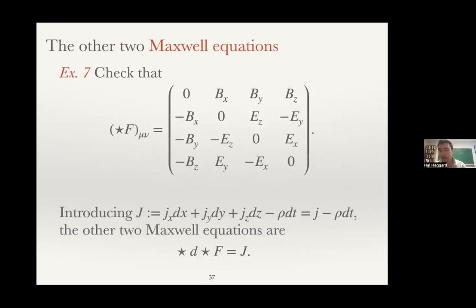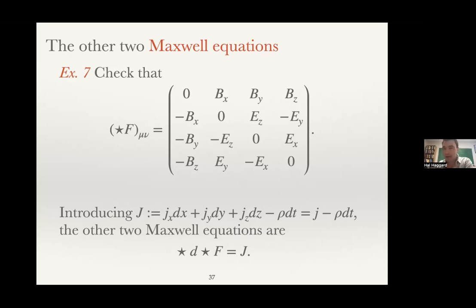Okay, so let me try and convince you of that. Calculation to do, a practice for your Hodge star: calculate the Hodge star of the field strength 2 form. And if you do that, you find in components that it looks like this.